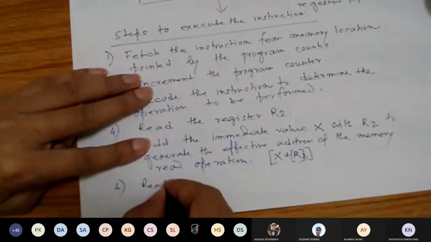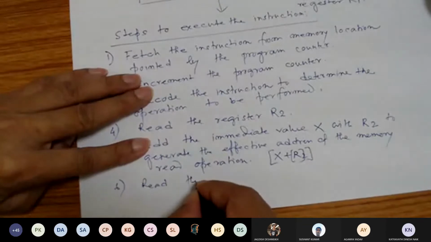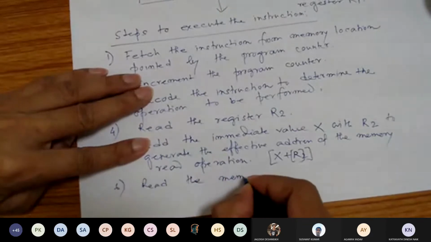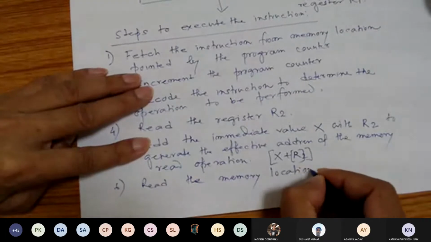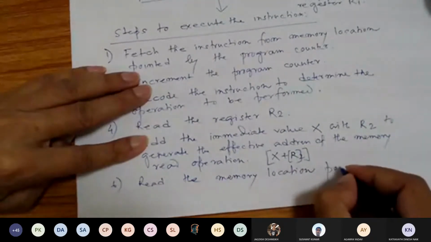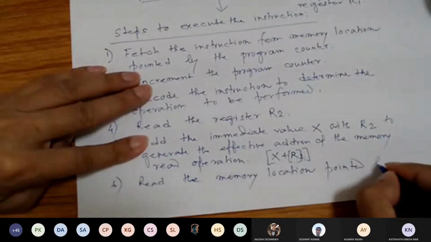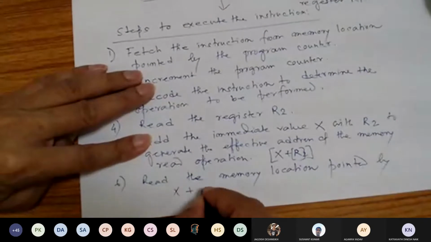So read the memory location pointed by X plus R2.